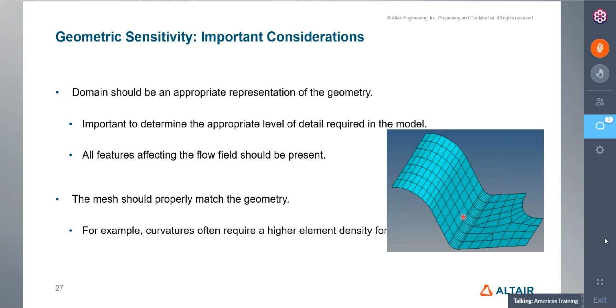But for example here, these fillet areas, since we have two edges, we probably have one edge there and one edge there. The mesher will try to fit elements where these lines are. And sometimes those lines just don't make sense and we don't need to have those lines. So that's where we look at our geometry. We try to clean up our geometry as much as we can. And that's where we would consider that to be a geometric sensitivity.